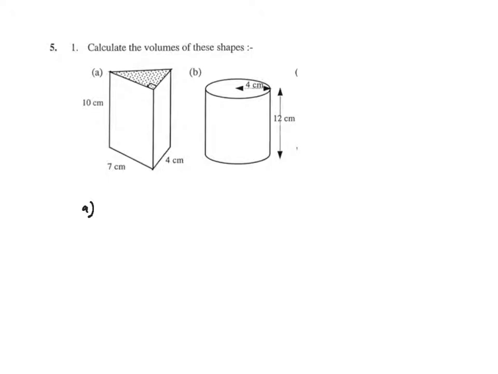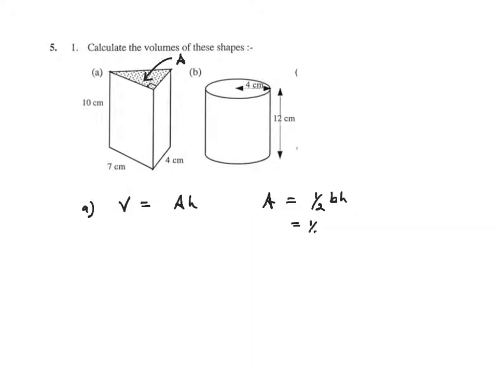The volume of this prism is A times H, where A is the area of this shaded end here. So we'll work out that first of all. It's a right angled triangle, 1/2 the base times the height.